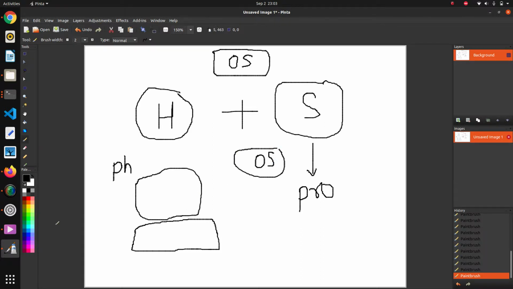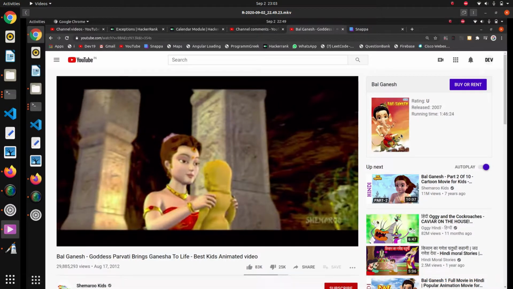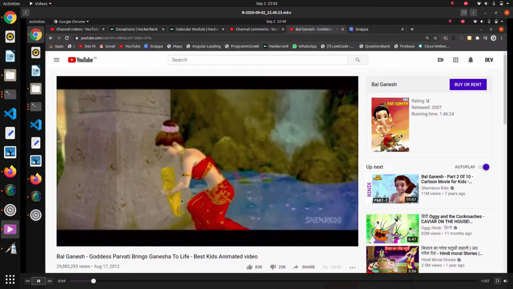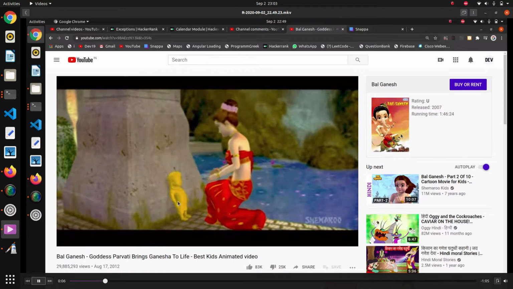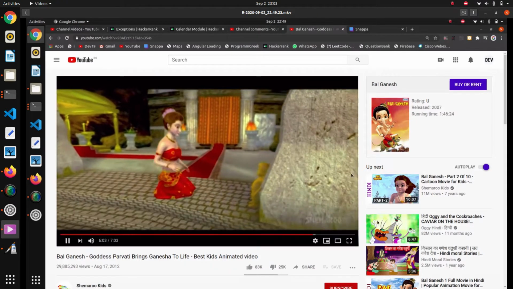Now we can take one example. This is a story from Hindu religion. In that story, goddess Parvati creates a statue, and using her powers she installs life in it.